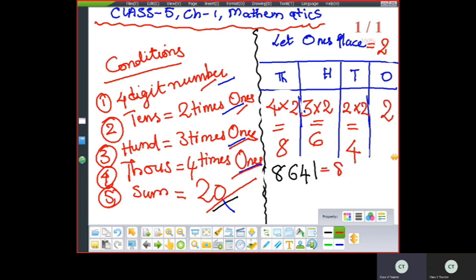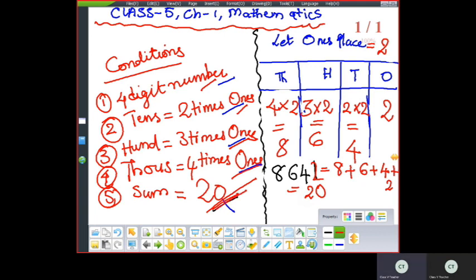So let us try that: 8 plus 6 plus 4 plus 2. 8 plus 6 is 14, 14 plus 4 is 18, 18 plus 2 is 20. So our last condition is also satisfied here.